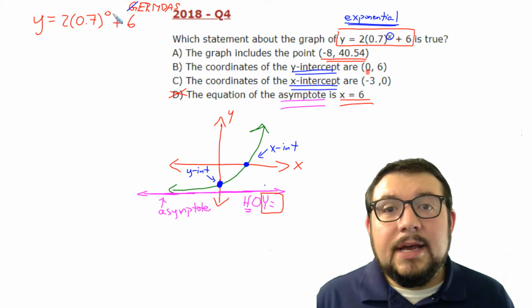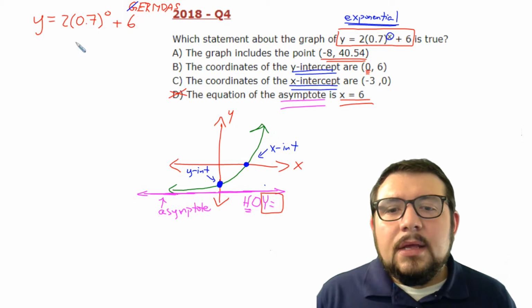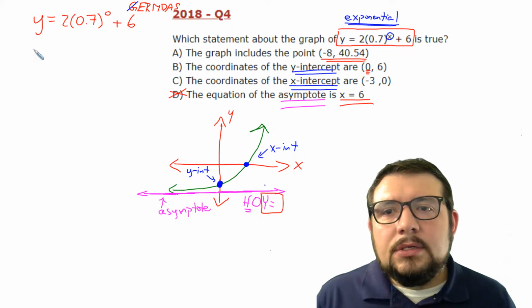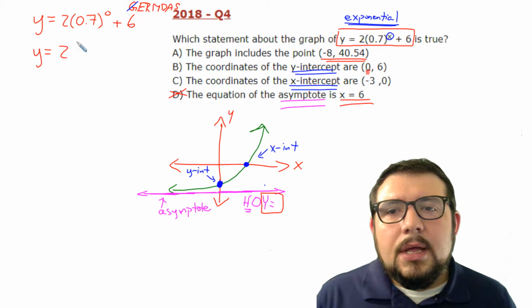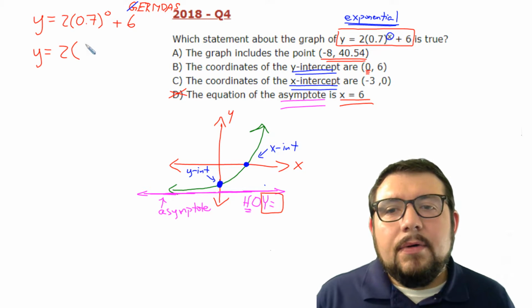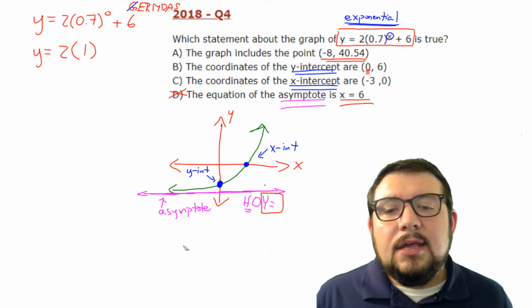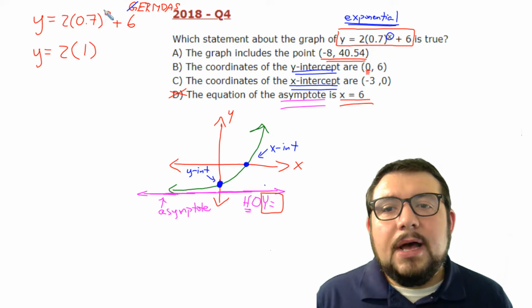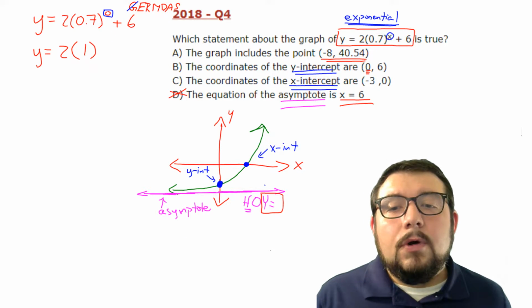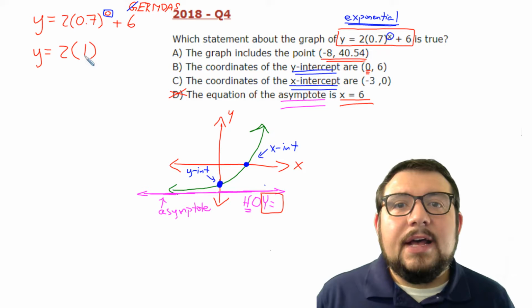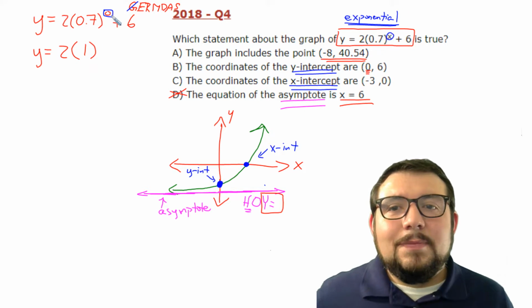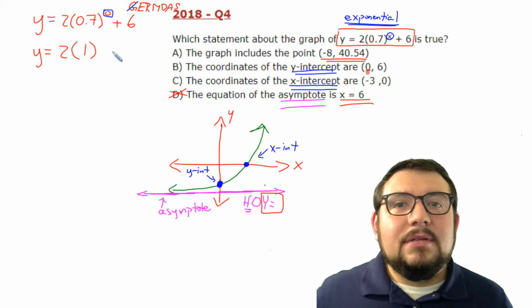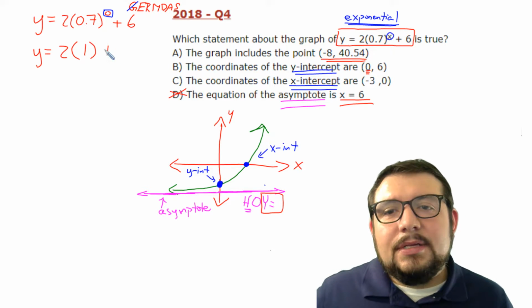The exponent is there. So I'm going to do y equals 2 times 0.7 to the 0 power, which is 1. Anything to the 0 power is automatically 1. That's how I got that so fast. I didn't do a massive calculation in my head. 0.7 to the 0 power is 1, plus 6.